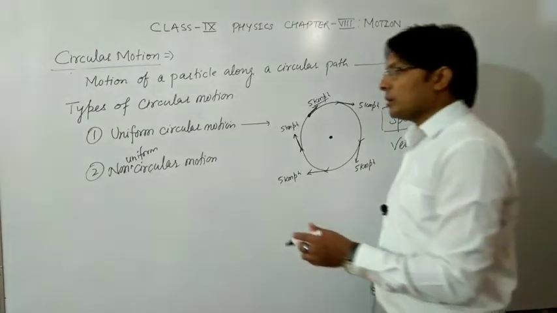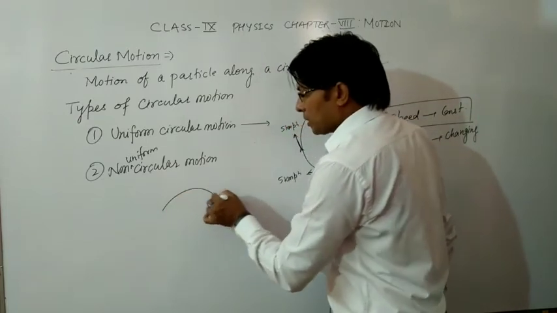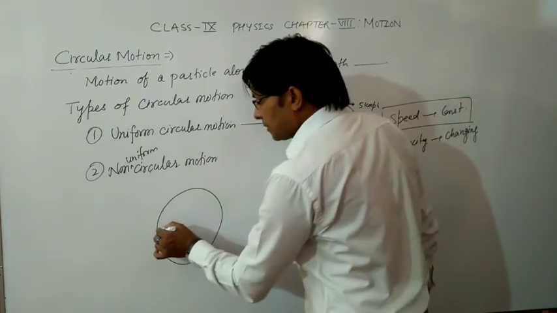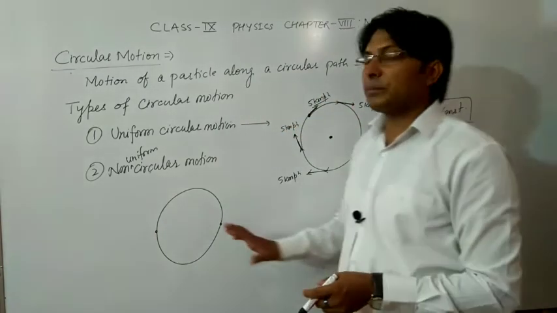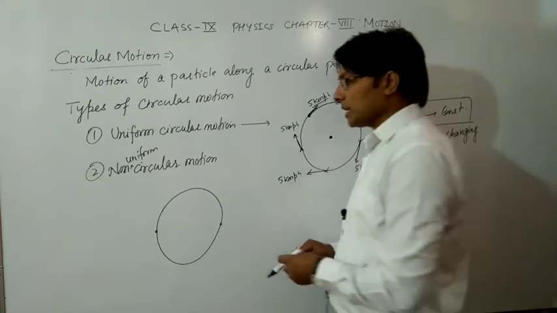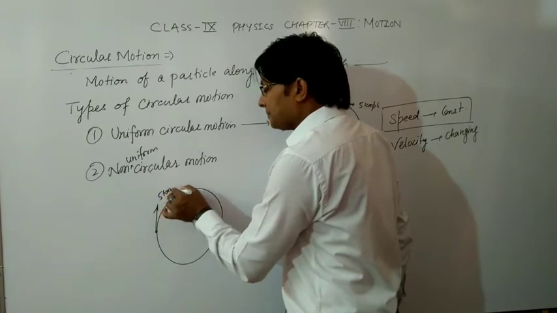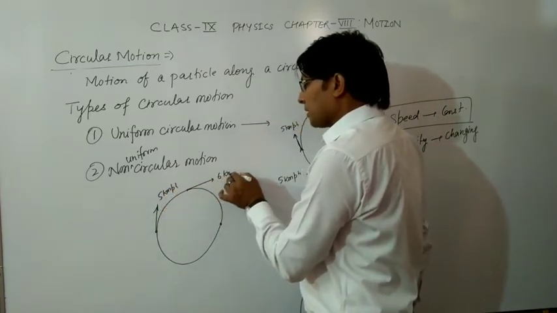Okay, now let us talk about non-uniform circular motion. In non-uniform circular motion, the particle is moving along a circular path, that is true, but the speed of that particle is not constant. Suppose at this point the speed is 5 km per hour. At this point the speed becomes 6 km per hour.